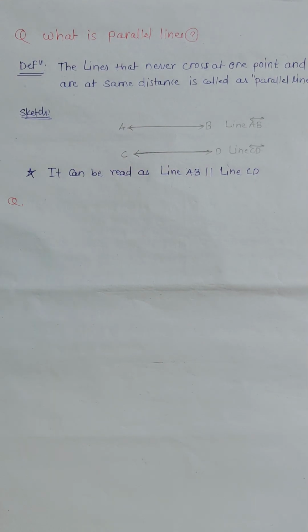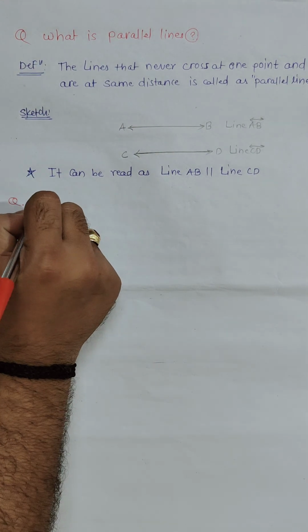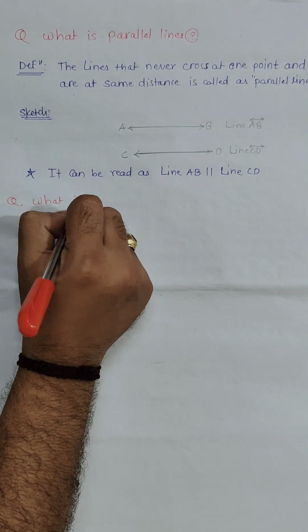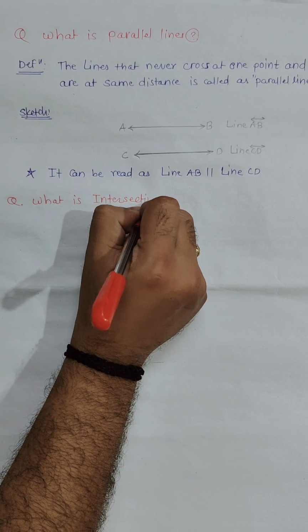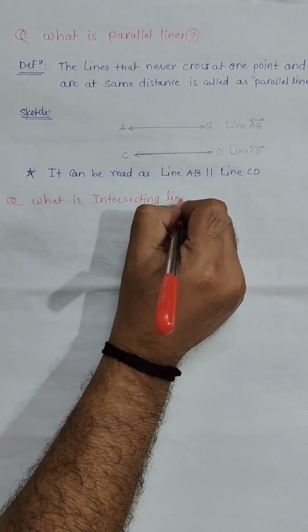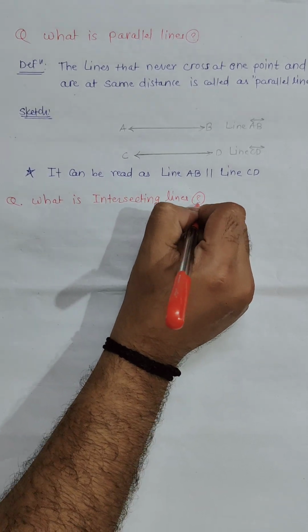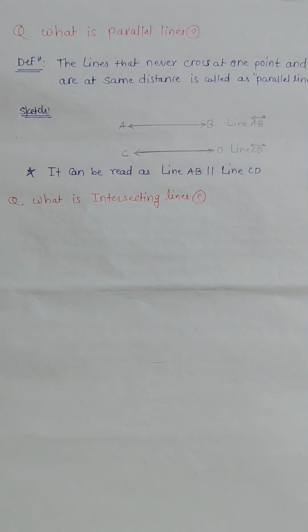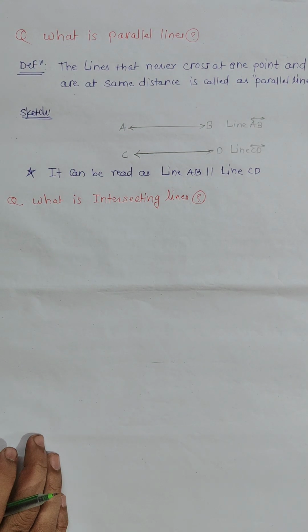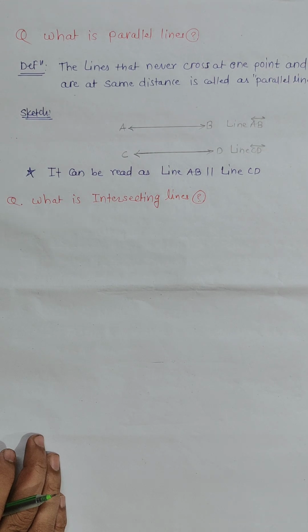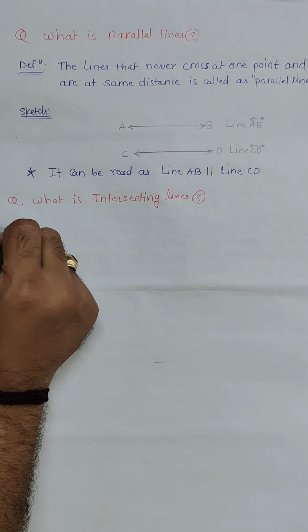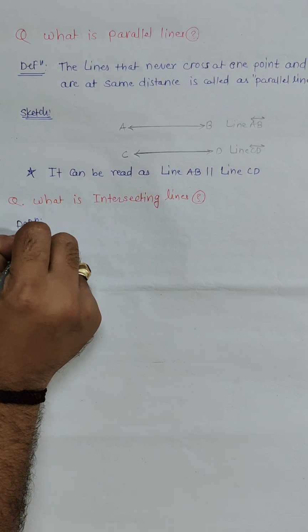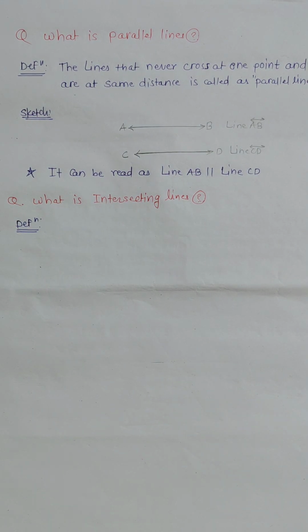Next important point, what is an intersecting line? Lines that cross at only one point. The first part is the definition. What is meant by an intersecting line?